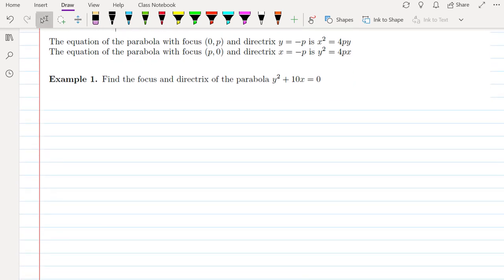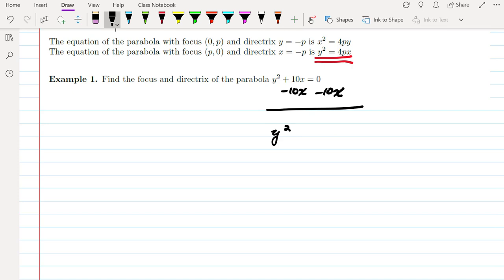So let's take a look at our first example. It says, find the focus and the directrix of the parabola y squared plus 10x equals 0. The first thing we note is that, since it has a y squared, it is going to be of this form. So we need to put it in that form by subtracting 10x from both sides of the equation.